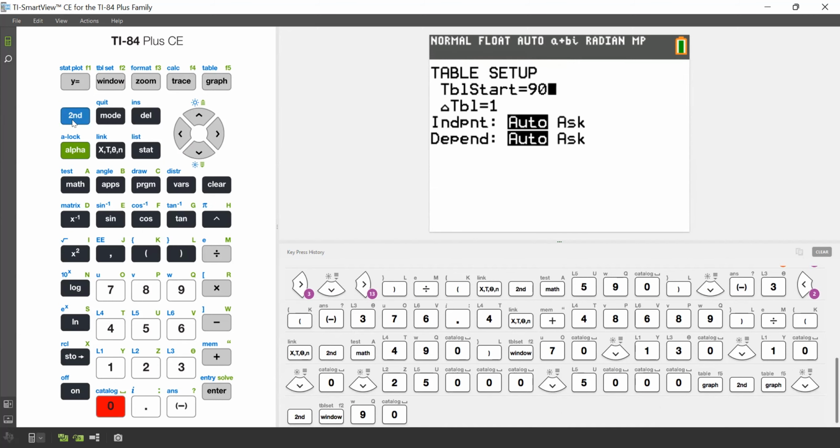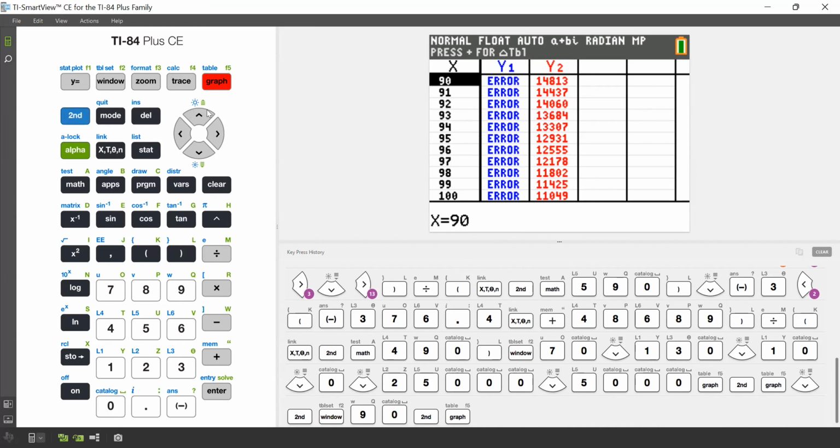So I can see that at 90 it's not defined for the first graph, the blue graph. So there is a hole at 90 because there's an error. And the second graph is defined at 90, so there's a solid dot at 90. The table does show me that.